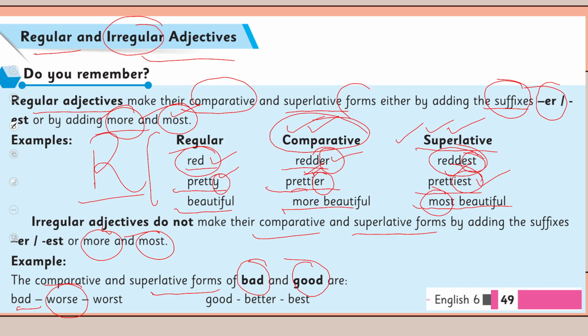And if you want to do the highest form out of all the other things to stand out, you will use the word worst, not worser or worsest. Good will become better in comparative and best in superlative. Now, these are completely different words than good. That's why we call them irregular. There is no regularity. They are irregular. All right.